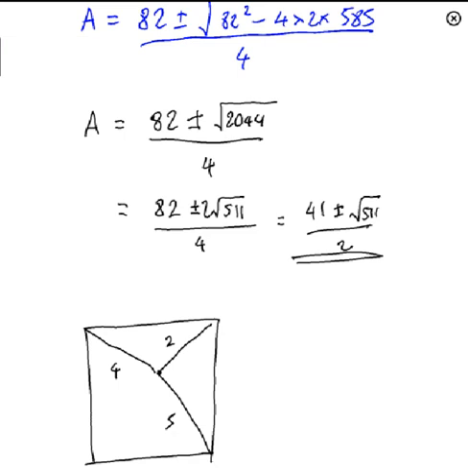So that's 41 plus the square root of 511. So that's a surprising result. A surprising result of the geometry. So we've got 41 plus the square root of 511 is the area of that square.